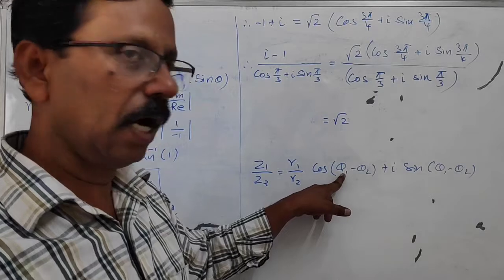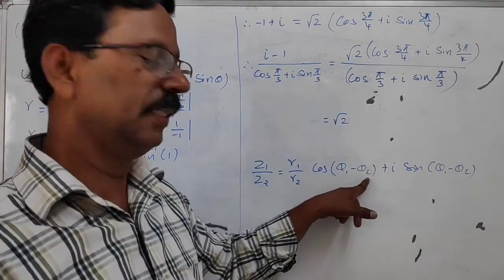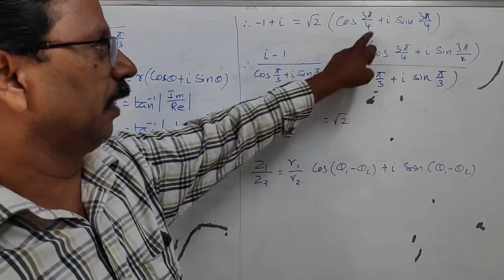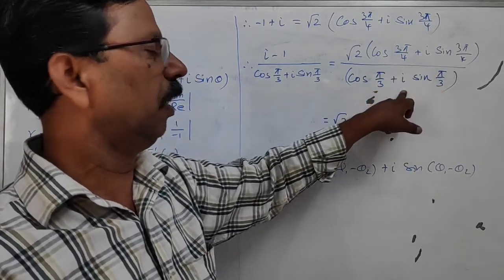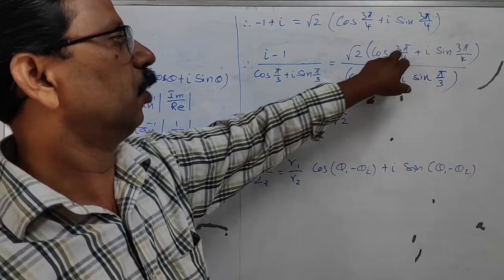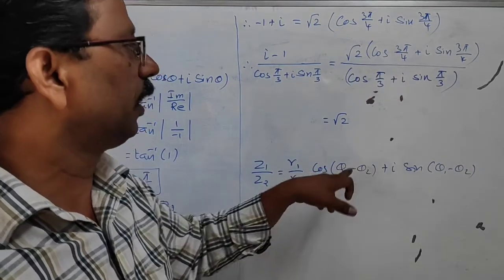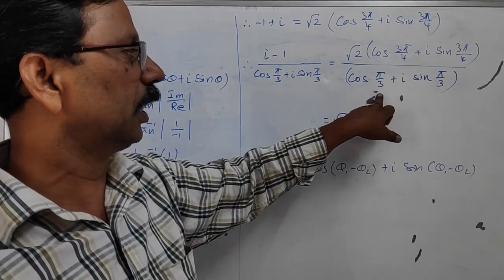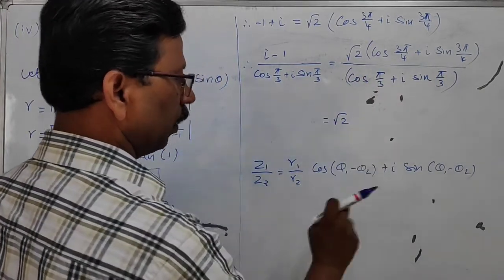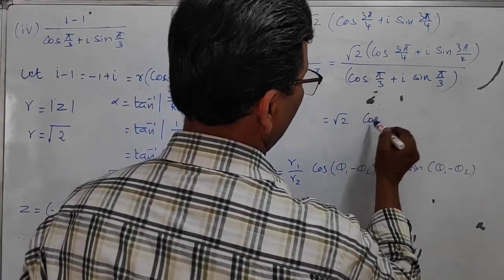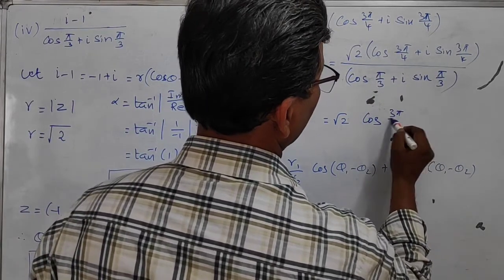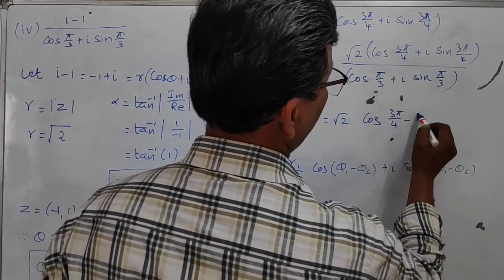Theta 1 is the argument in the numerator and theta 2 is the argument in the denominator. Therefore, whenever you are dividing, in rectangular form, you just subtract the arguments. Here root 2 by 1, you can write root 2 alone. Therefore, you can write cos of theta 1 minus theta 2, 3 pi by 4 minus pi by 3.